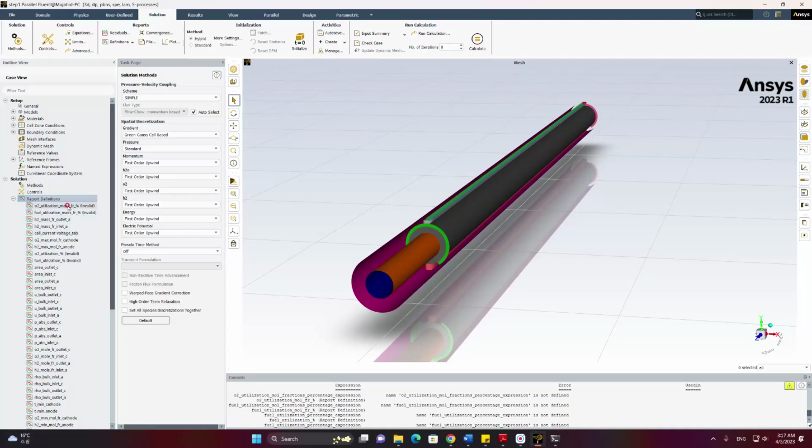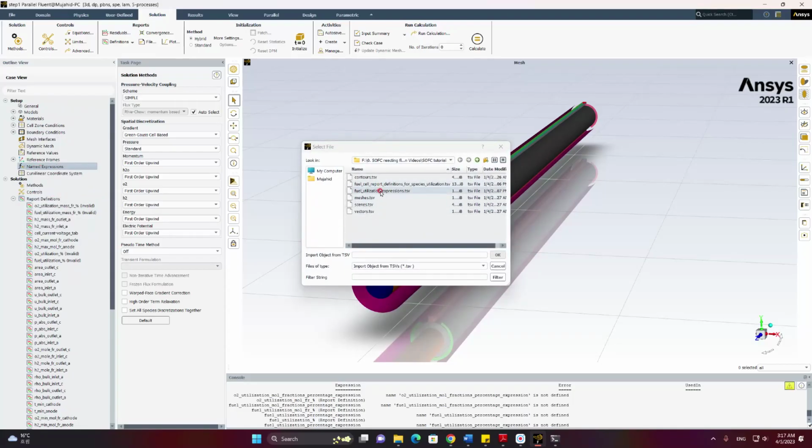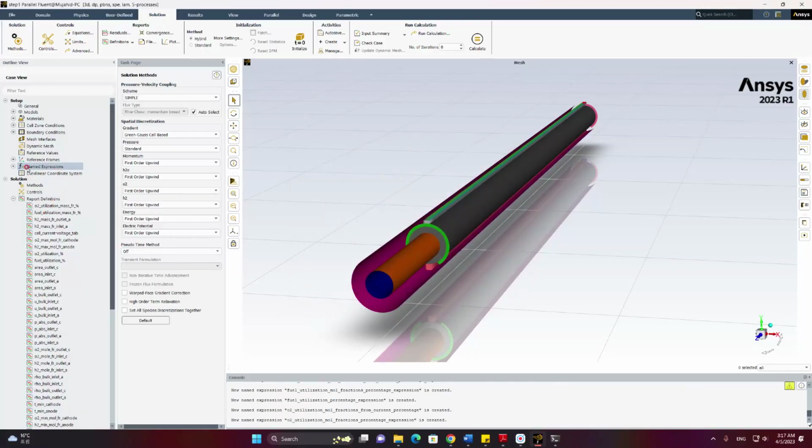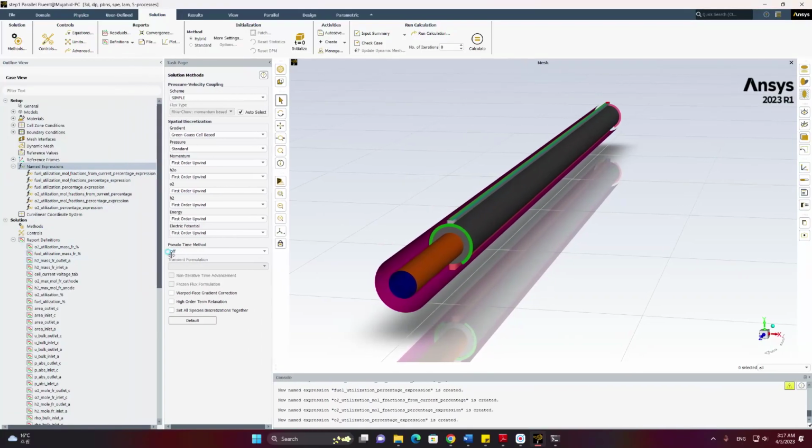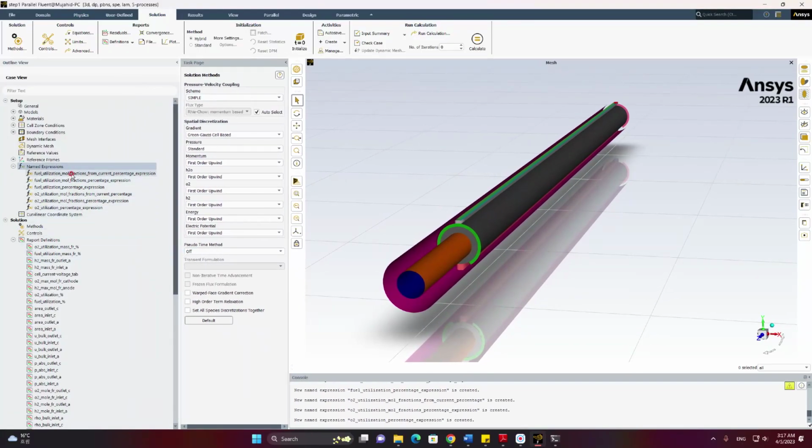You can see these are invalid right now, but after importing the expressions, now we can import from file, expressions. Now we have got a few expressions. You can see we have got expressions for mole fractions, fuel utilization, and report definitions also.